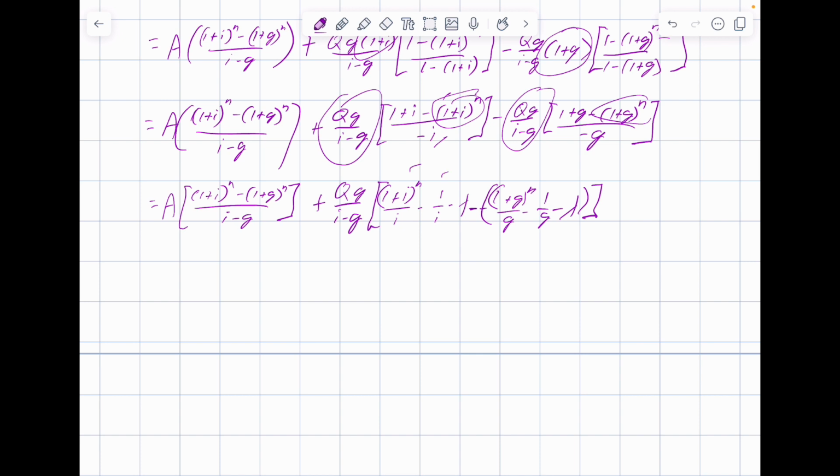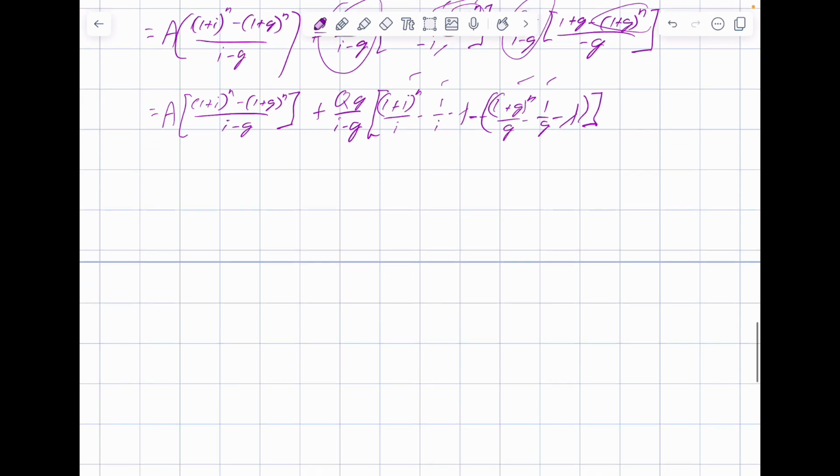Next, we'll multiply these first two terms by g over g, and the last two terms by I over I, so we have a common denominator. So we'll go ahead and write this equation. We'll carry down the PV 1 plus I to the n. We'll carry down this a term.